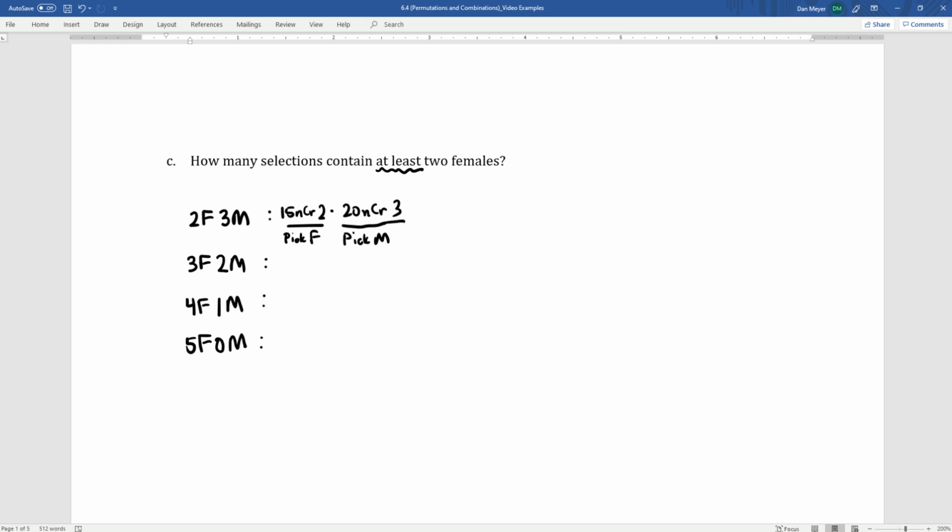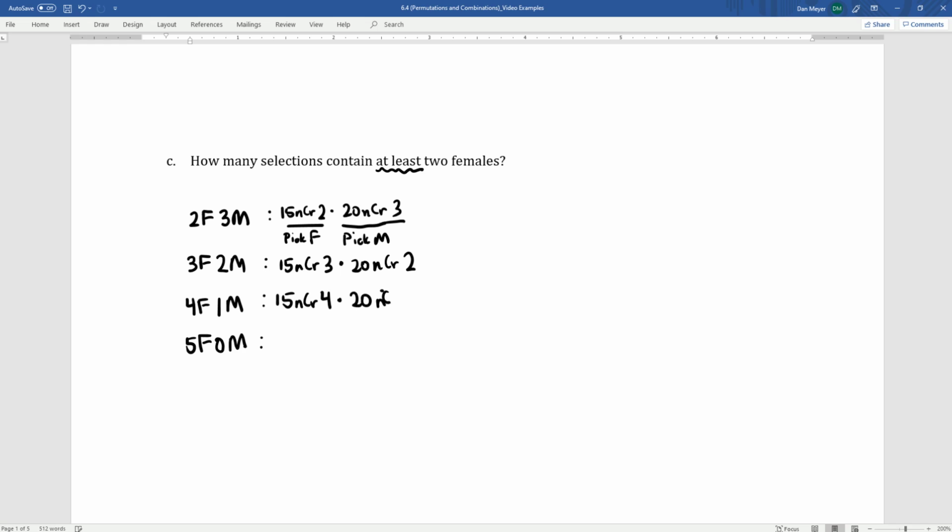In the second case, from the 15 females, we need to pick 3, and then we also need to pick from the 20 males available 2 of them. In the 4 females, 1 male case, from the 15 females, we have to choose 4. And then from the 20 males, we have to choose 1.